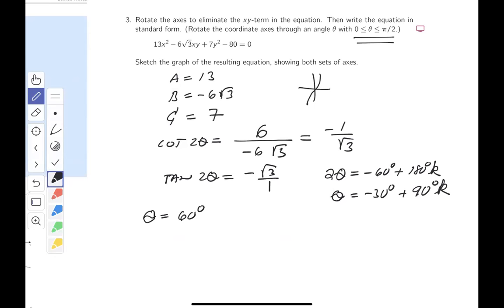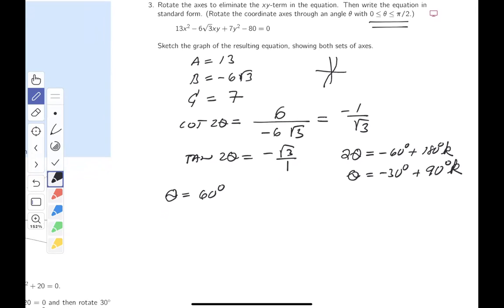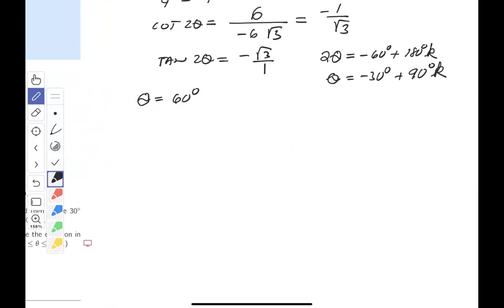Okay, let's go to the next step, which is writing down that transformation. Here it comes, it gets tough. I'm not saying it's going to be easy for you. So x is going to be equal to x prime times cosine 60 degrees minus y prime sine 60 degrees.